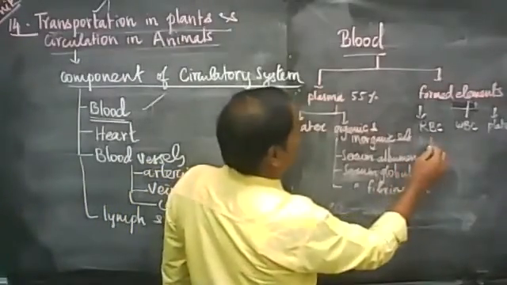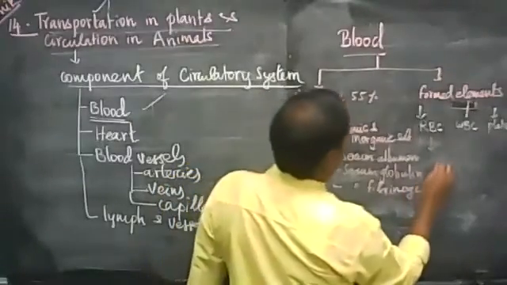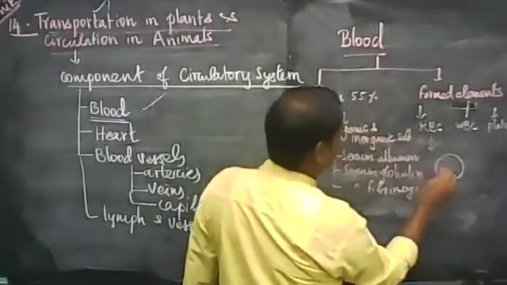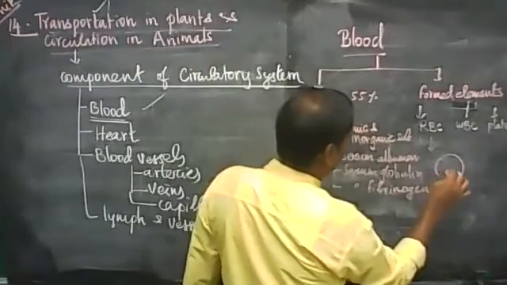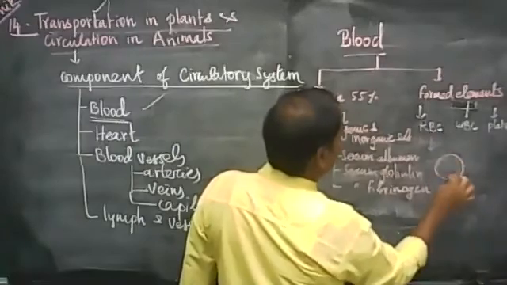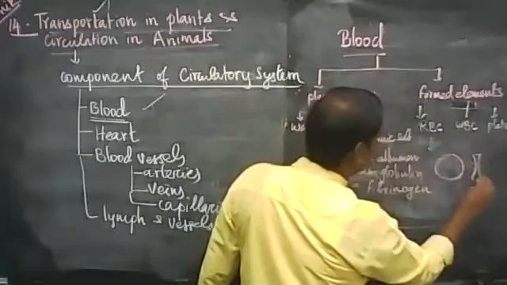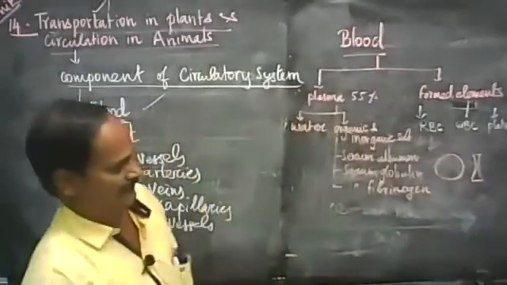The RBC is erythrocytes. The scientific name of RBC is erythrocytes. The erythrocytes are disc-shaped, circular, biconcave in nature. See the size.